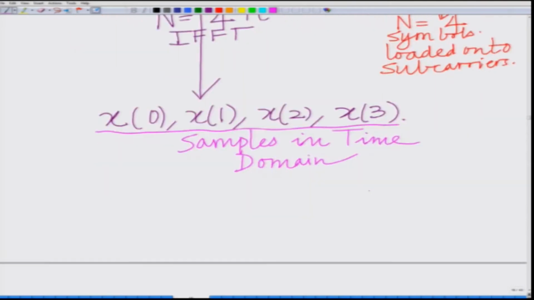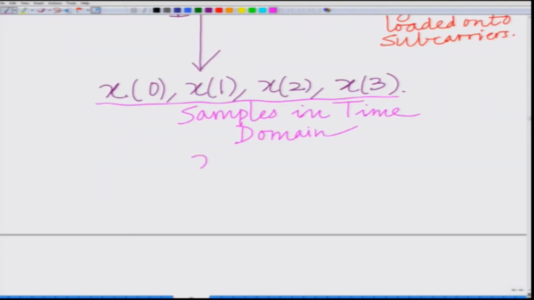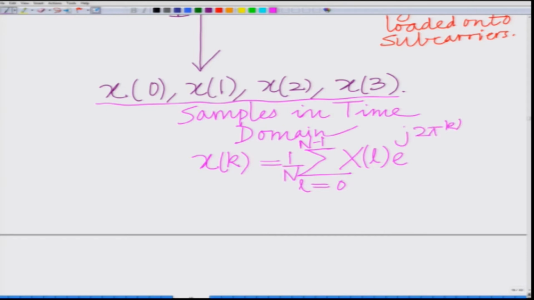and therefore, basically your kth sample xk equals 1 over n, since this is an IFFT, the sum over l equal to 0 to n minus 1 of Xl e power j 2 pi k l divided by n.